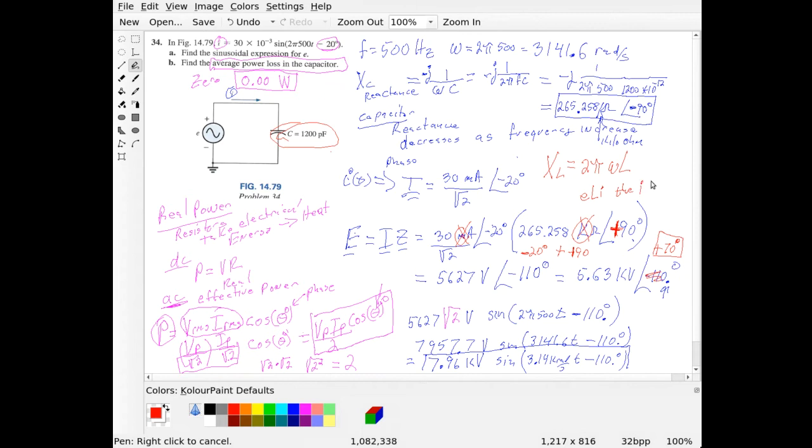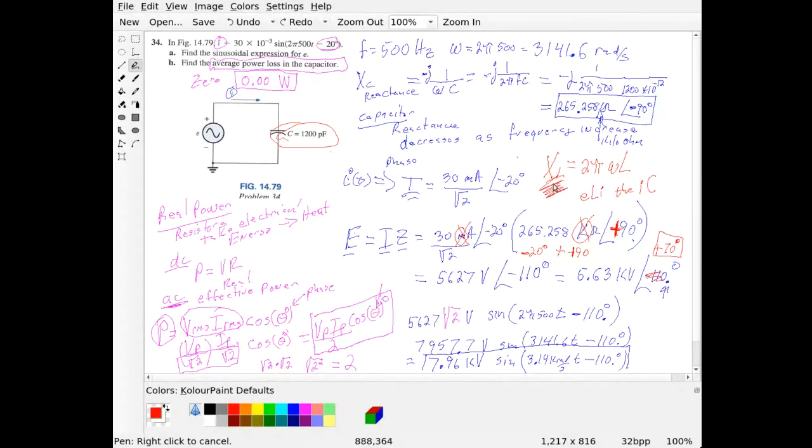Right? Inside of an inductor, the voltage is ahead. But inside of a capacitor, the current is ahead. Okay, and so you could do basically this entire same circuit, but X of L is going to be a lot different.